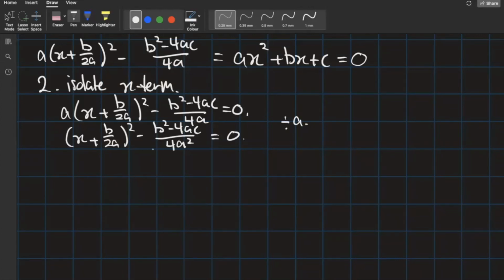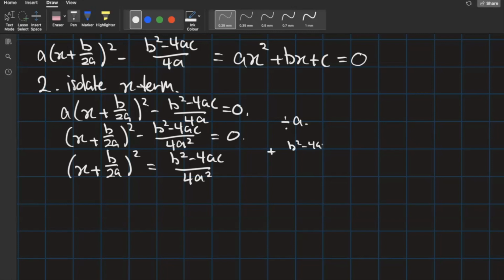The next step would be to add (b squared minus 4ac) divided by 4a squared to both sides. So (x plus b on 2a) squared is equal to (b squared minus 4ac) divided by 4a squared. Let's write that out. So we'll add (b squared minus 4ac) over 4a squared to both sides.